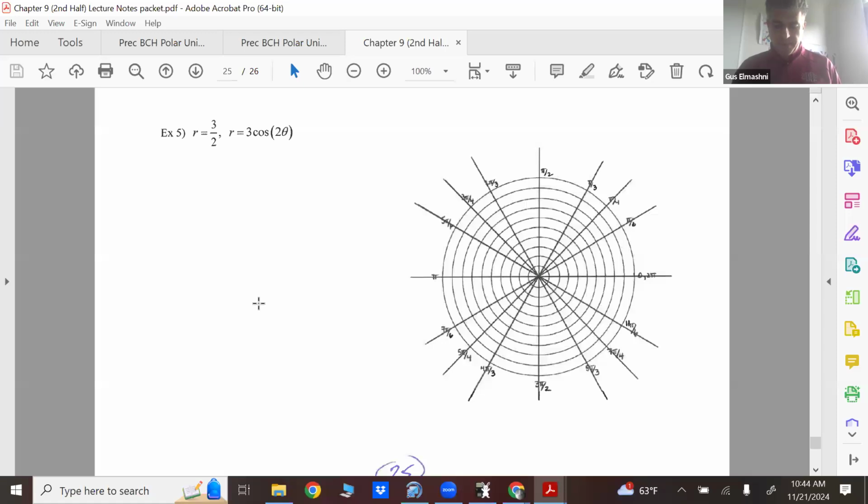Okay, that's just a circle. And then you have a rose curve. How many petals will this have? 4. Yeah, so I think we can actually do this one by hand. And they're each 3 long. So first one's a radius of 3 halves.